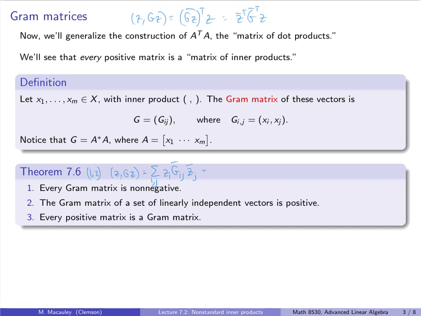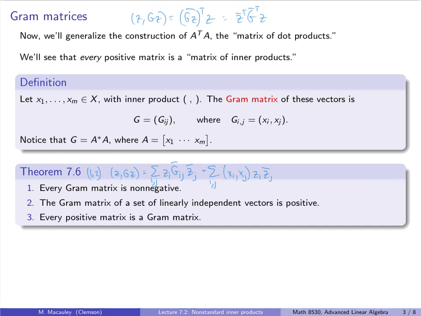And by definition of this matrix, I'm just going to plug in what this is. This is the inner product of xi, xj times zi times zj bar.